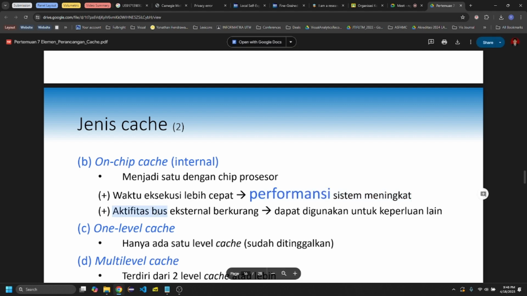And then external bus activity will go down, and that means that bus can be used for other uses. I think normally nowadays this is the one that we can see if we buy a new computer.